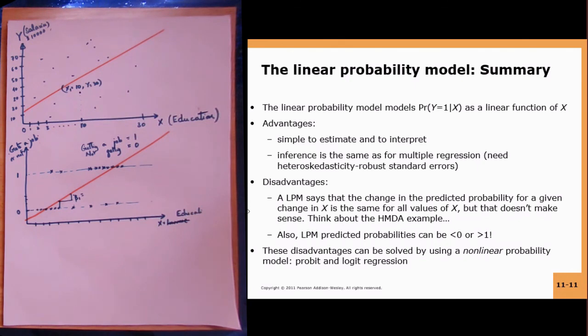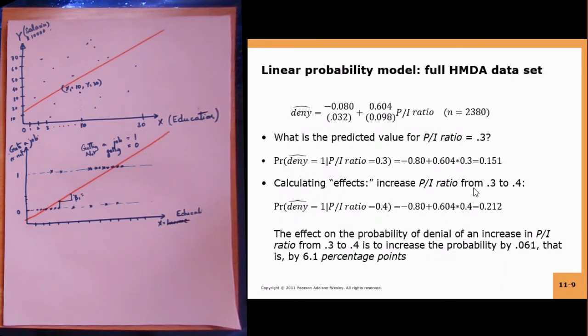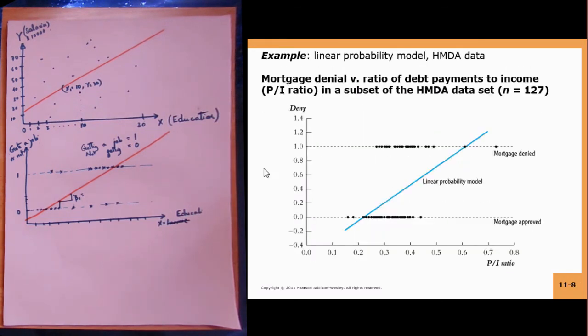Now, what are the disadvantages? The primary disadvantage is that the LPM may predict probabilities that can be less than 0 or greater than 1. So if you look at the LPM model, you are fitting a line. Now this line can predict values of probability which are less than 0.